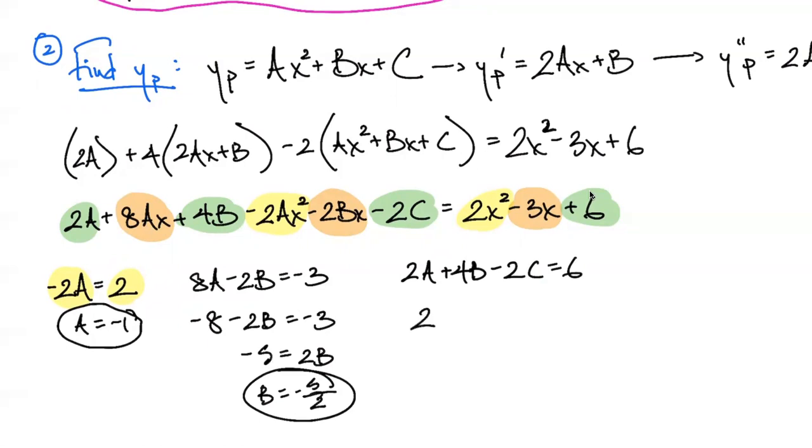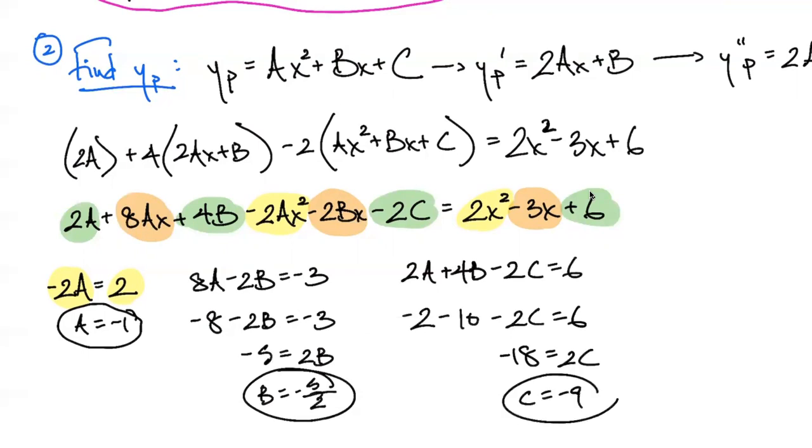We get 2, let's see, minus 10 minus 2c equals 6. So negative, oh, no, negative 2. So negative 12 minus 6 is negative 18 equals 2c. So we get c equals negative 9.